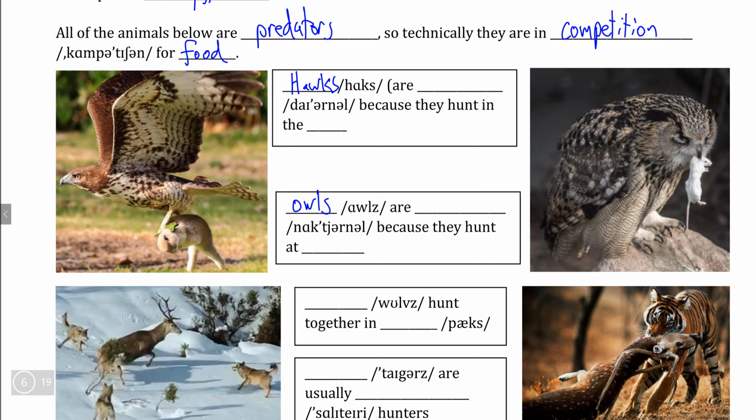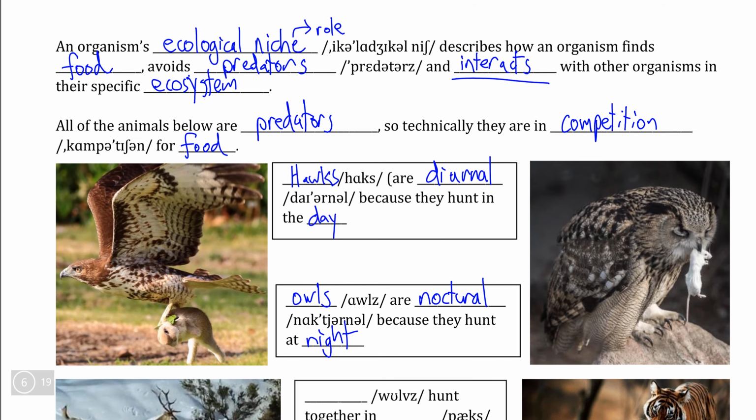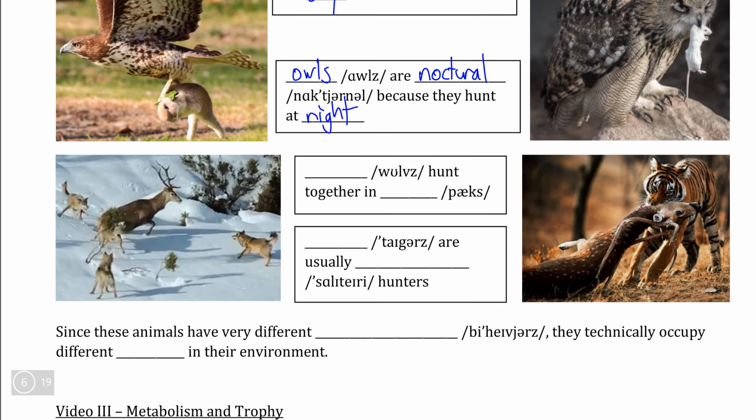We can see the picture with the hawk is bright because hawks are defined as diurnal, meaning that they hunt during the day, whereas owls are defined as nocturnal because they hunt at night, because each predator has different adaptations that allow them to better survive at different times of the day. So the daytime, or time at which they are active, is part of their ecological niche.